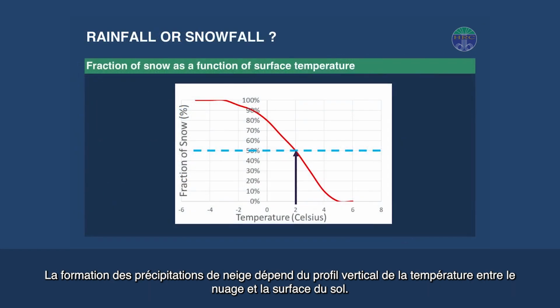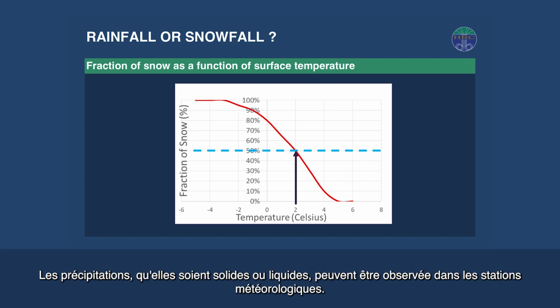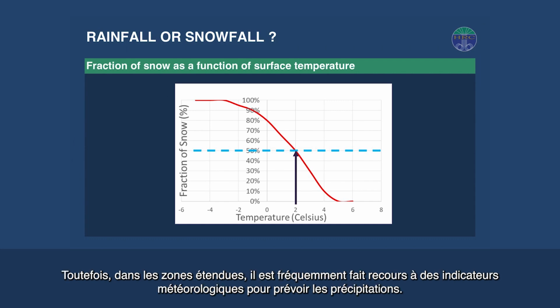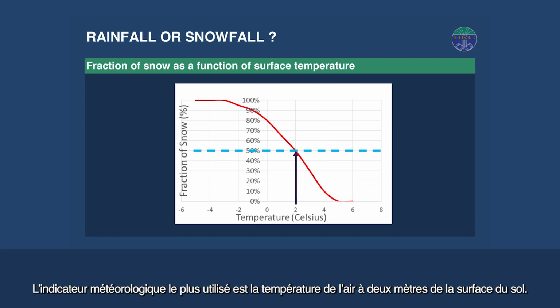The formation of snowfall is dependent on the vertical profile of the temperature from the cloud to the ground surface. The precipitation phase, solid or liquid, can be observed in weather stations. However, in extensive areas, it is common to use meteorological indicators to estimate the phase of the precipitation. The most widely used meteorological indicator is the 2-meter air surface temperature.